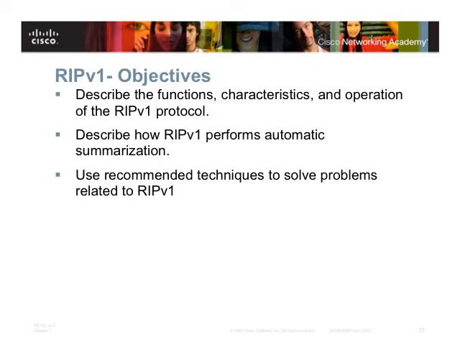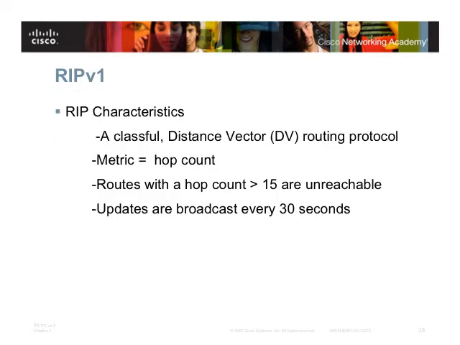And then we need to talk about the recommended techniques to solve problems related to RIP version 1, as we said before, for routing loops, for example. RIP version 1 uses split horizon and split horizon with poison reverse.